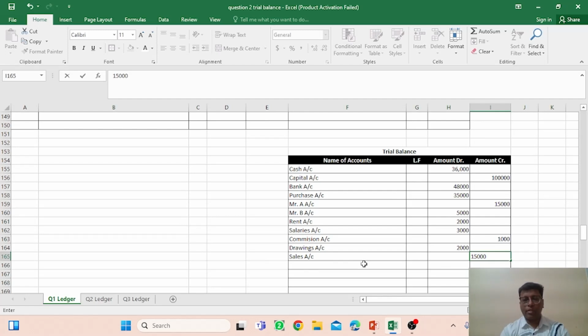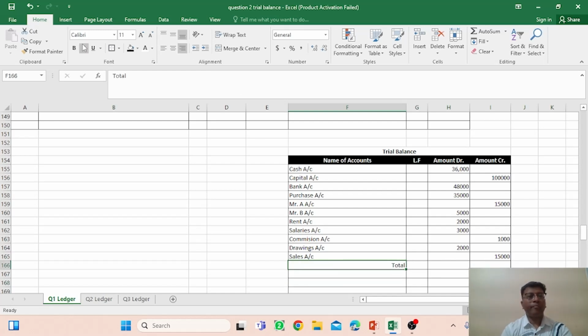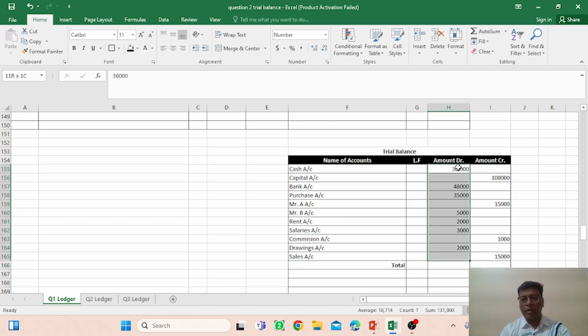Okay, so now you have to take the total of both sides. This is the debit side, and we have the total of this, 1,31,000.